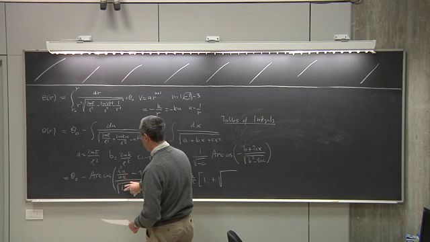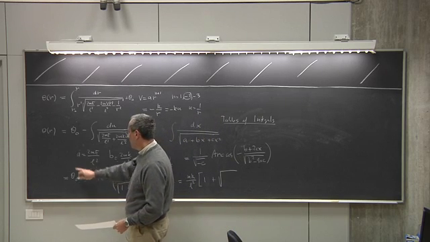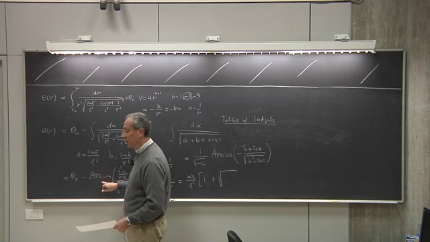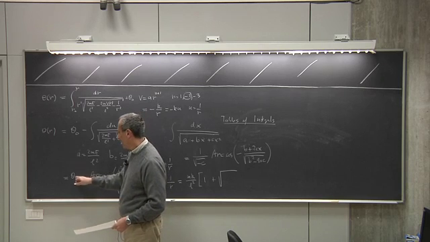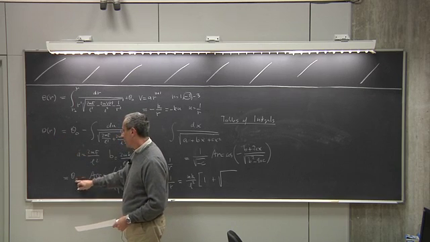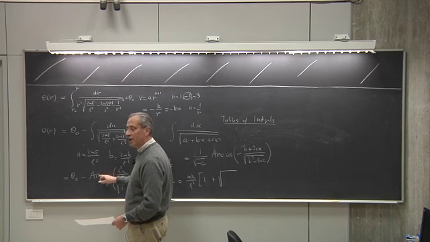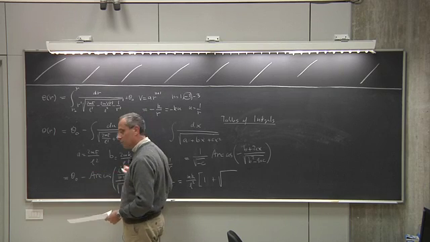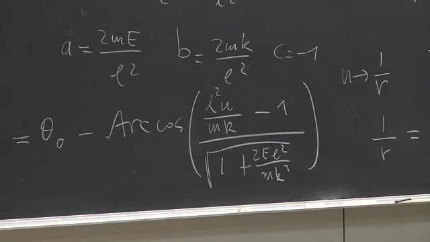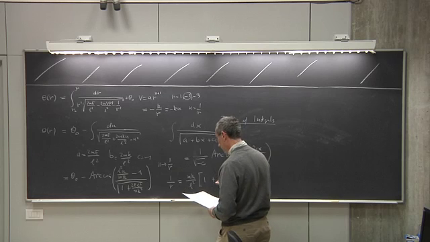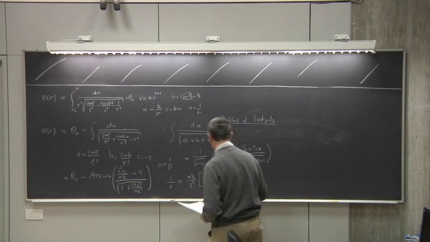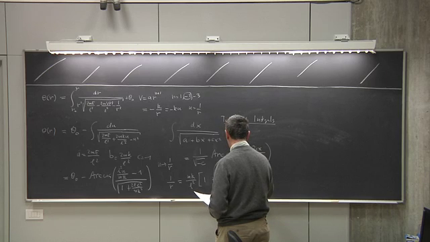Right, so I have this term here. So I take theta minus theta naught, then I take the cosine. So I get the cosine of theta minus theta naught. The cosine of the arc cosine, by definition, is whatever you have inside. So whatever I have inside is this thing here. So here I have this interesting combination. I'll come back to this in a second.